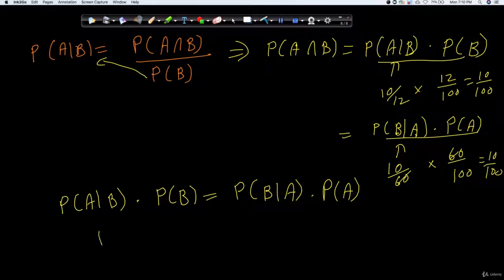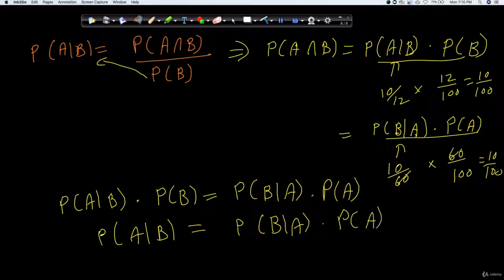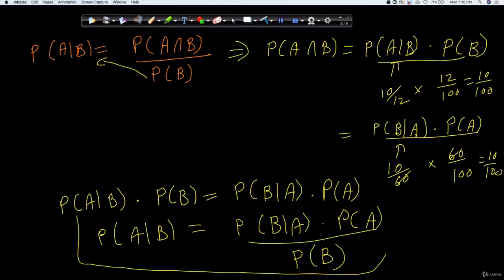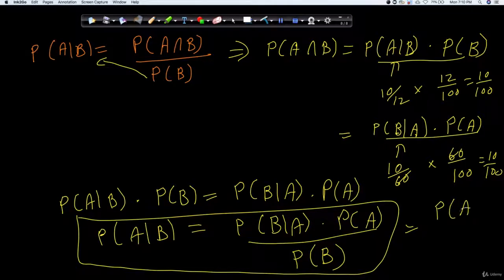So that means I can now say probability A given B is equal to probability B given A times probability of A divided by probability of B. This is another form of Bayes theorem. So we just proved it: either I can say probability of A intersection B divided by probability of B, or the other format which I just showed you. Any way you define this term is fine, and we have just proved this.